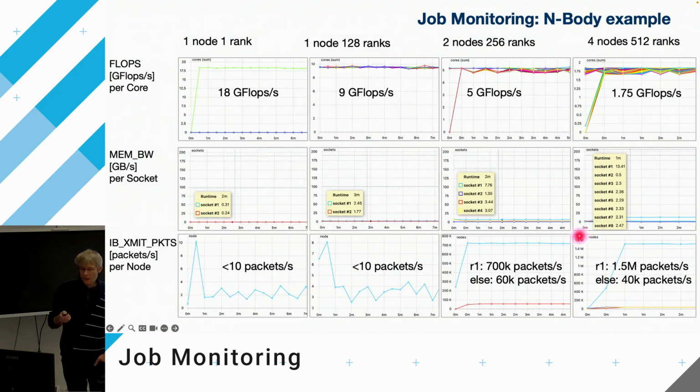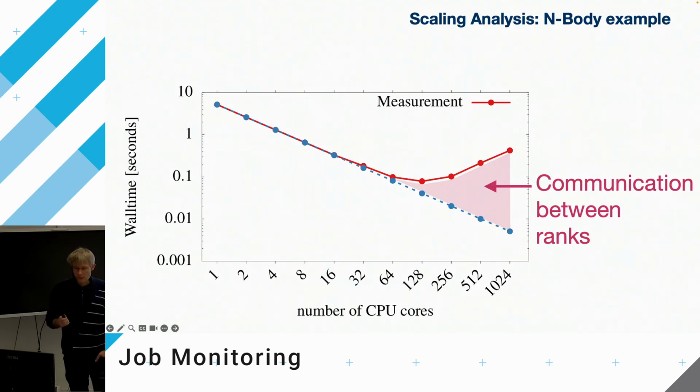So we can see that for the simulation, the ranks have to communicate, talk to each other, and this communication behavior influences the performance. And as we see here, when we switch to 2 nodes, the performance drops. The more nodes we are using, the more communication has to go on. We also see that it seems one node communicates more than the others, so there's an asymmetry in the communication in this application.